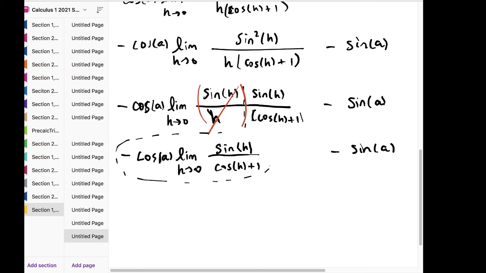If you're claiming the whole limit is negative sine, that means this limit is 0. Right, because when you plug in 0, you get 0 over 1 plus 1. Yeah, so it's 0. So that's your answer.